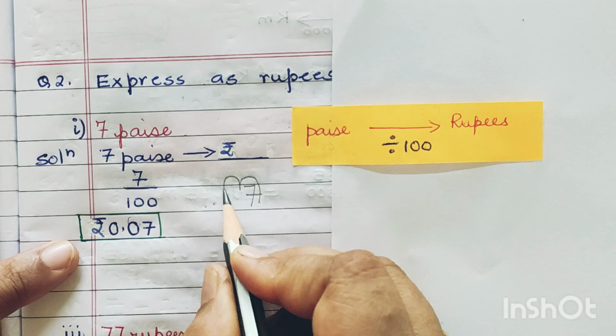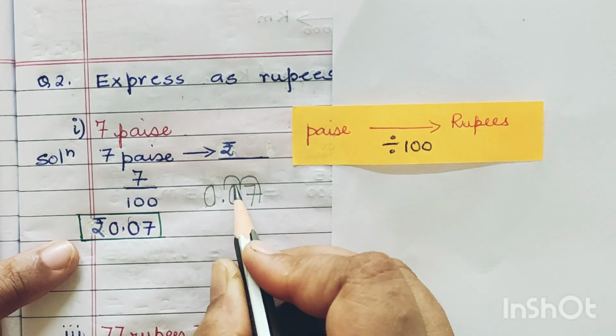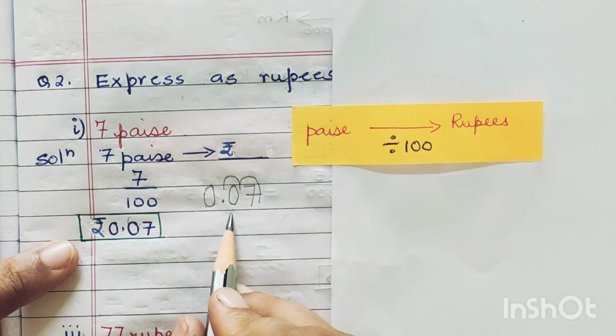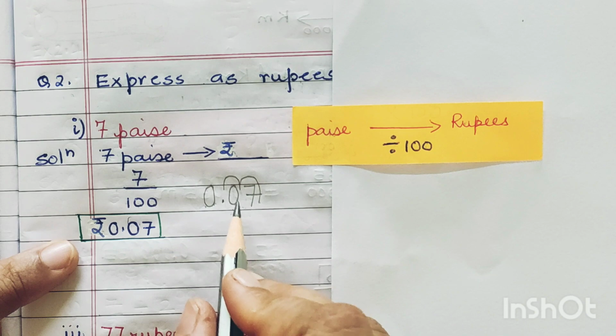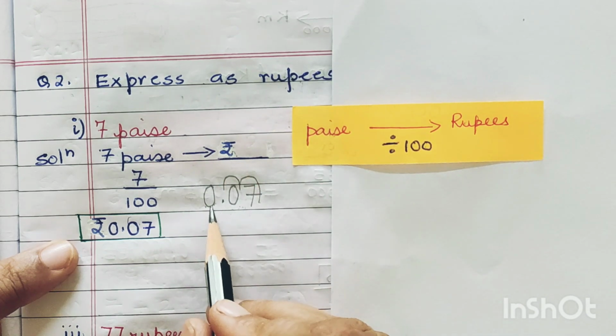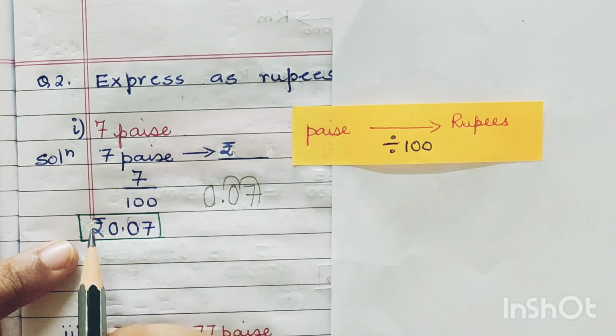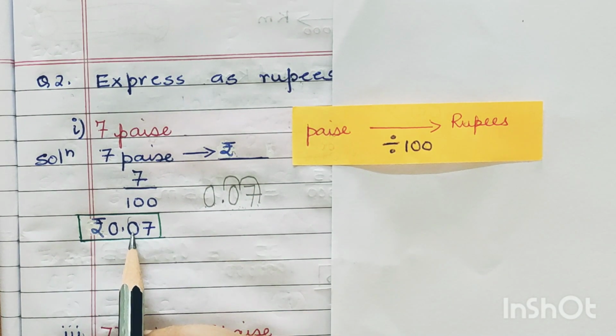So 1, 2, put the decimal point here and fill the empty places with 0. Now you have converted your 7 paise into rupees using decimals, as the question asked. So you write your answer as rupees 0.07.